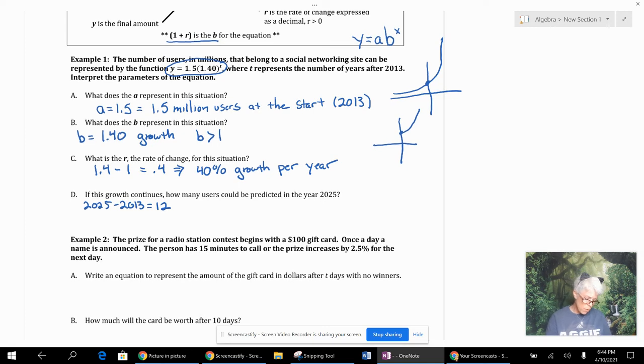So I take my equation, 1.5 times 1.40 to the power of 12. I put this in my calculator, and I get close to 85 million users.